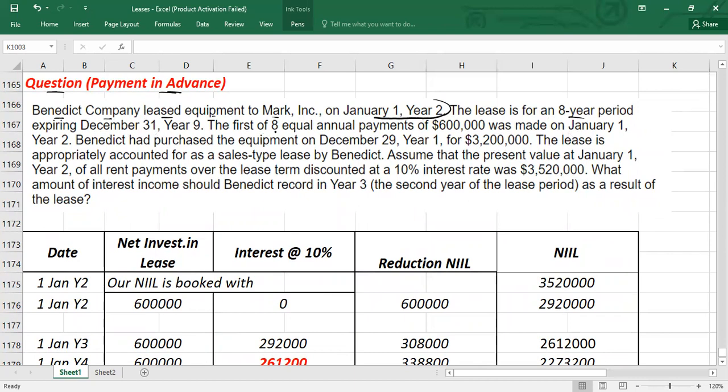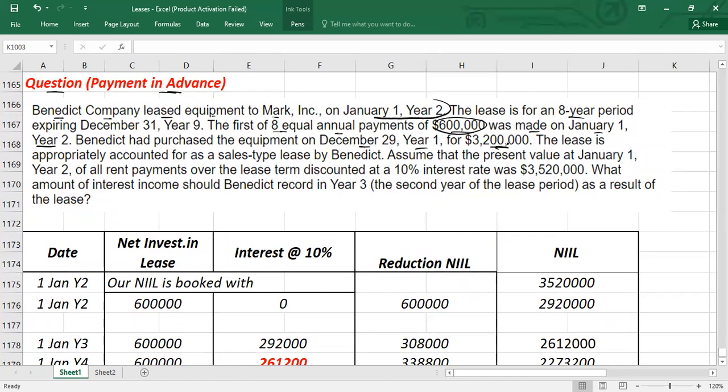The first of 8 equal annual payments of 600,000 was made on January 1 year 2. It means the first payment you got on the lease inception date, there are 8 payments, 600,000 is the amount of each payment, and the first payment is in advance. B had purchased the equipment on December 29 year 1 for the cost of 3.2 million.